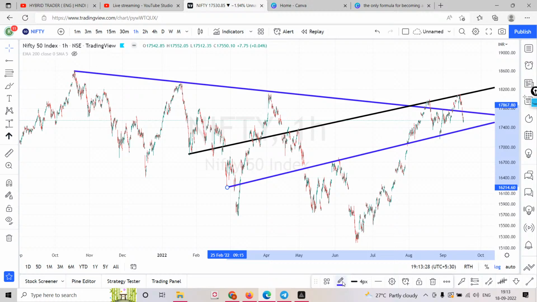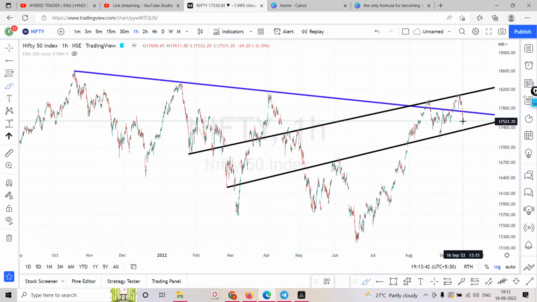This is the way I do the analysis. Price action is a must. Unless and until Nifty breaks this black line, for me Nifty is still bullish. If it breaks and goes down, then for me Nifty has started its downtrend.